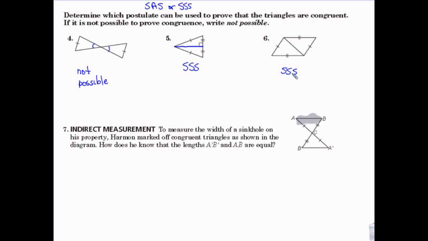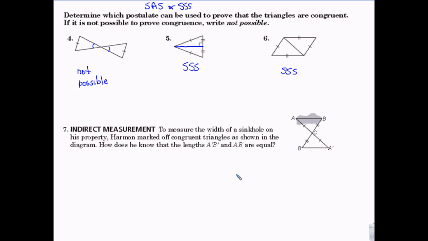Side, side. Okay, now this is actually a technique that people do use. This is real world math, to measure the width of something that you can't measure, like you can't take a tape measure across a lake, or in this case a sinkhole.